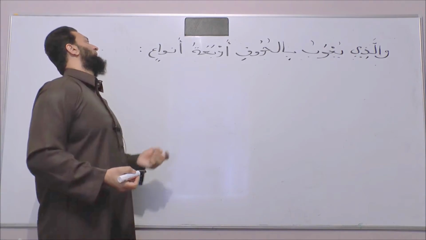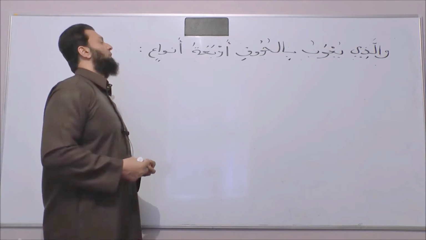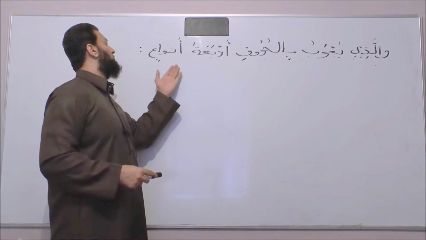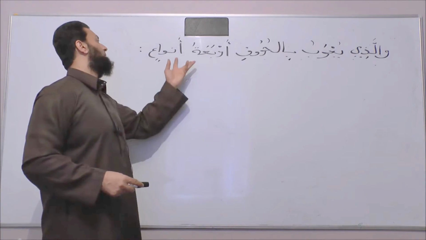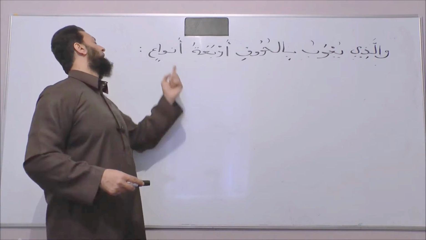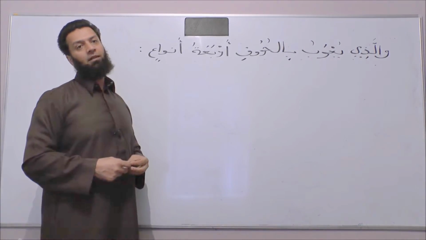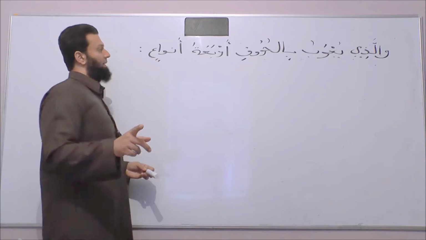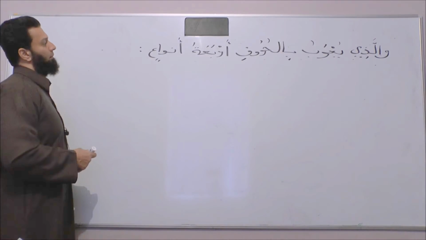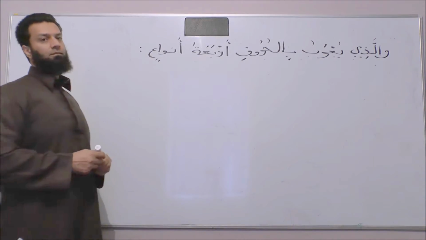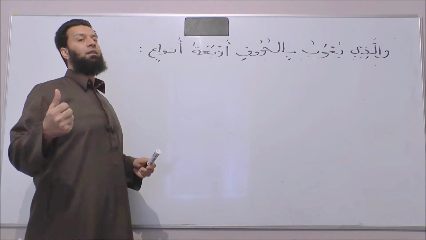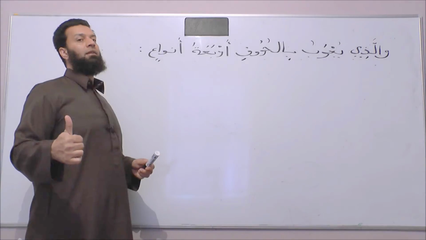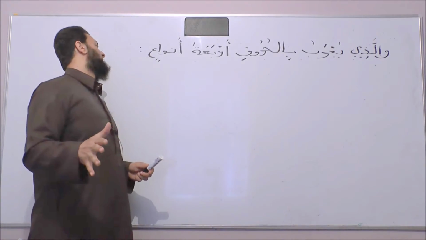Arba'atu anwa'in. What type of construct is arba'atu anwa'in? Idafah. It comprises a number and a counted noun. What's the ruling regarding that? If the noun after it is male, then the number has to be female, and vice versa.